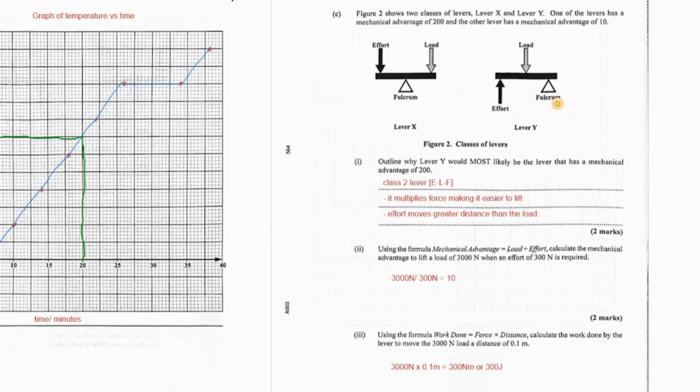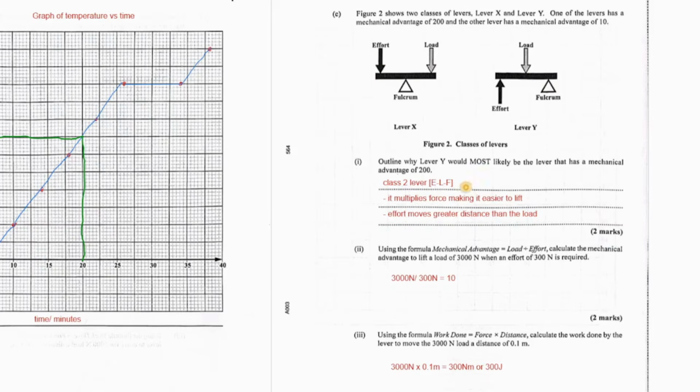So how do you identify what types of levers these are? They told you it is two classes of levers here. You should remember, once you have the fulcrum in the middle, however you want to state it, EFL or LFE, this is your first class lever.